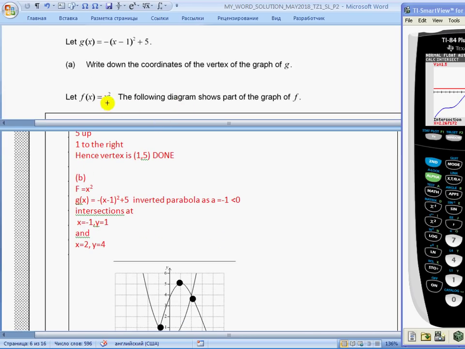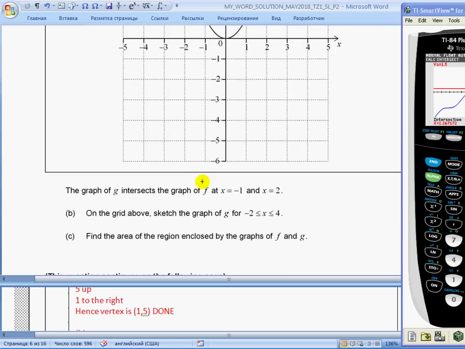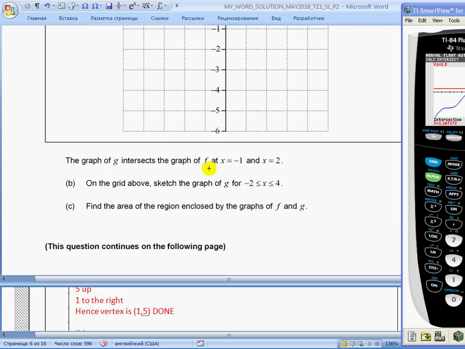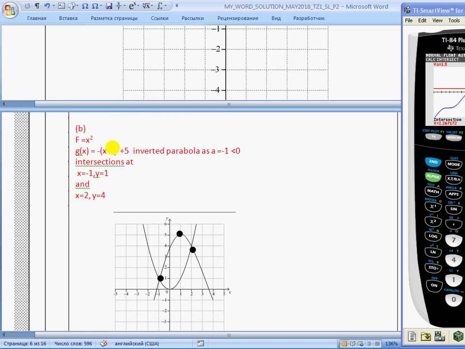So the function x squared looks like this, and the graph g intersects f at -1 and 2. So sketch this function. Let us sketch this function. So what do we know?